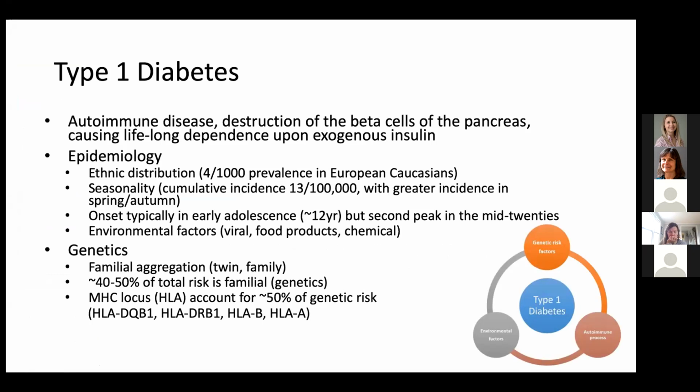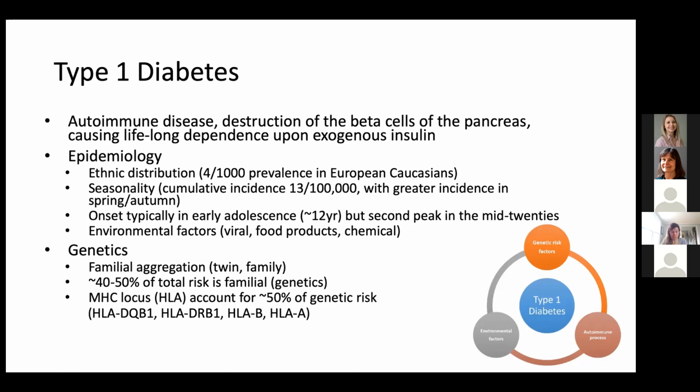Type 1 diabetes is an autoimmune disease. It results from genetic and environmental factors that play a role in an autoimmune response, leading to destruction of the insulin-secreting beta cells in the pancreas. That leads to lifelong dependence on exogenous insulin.